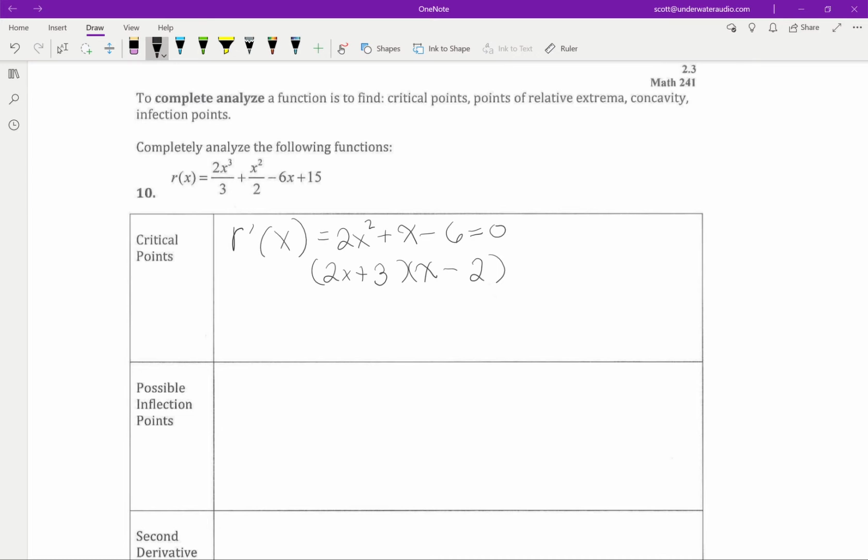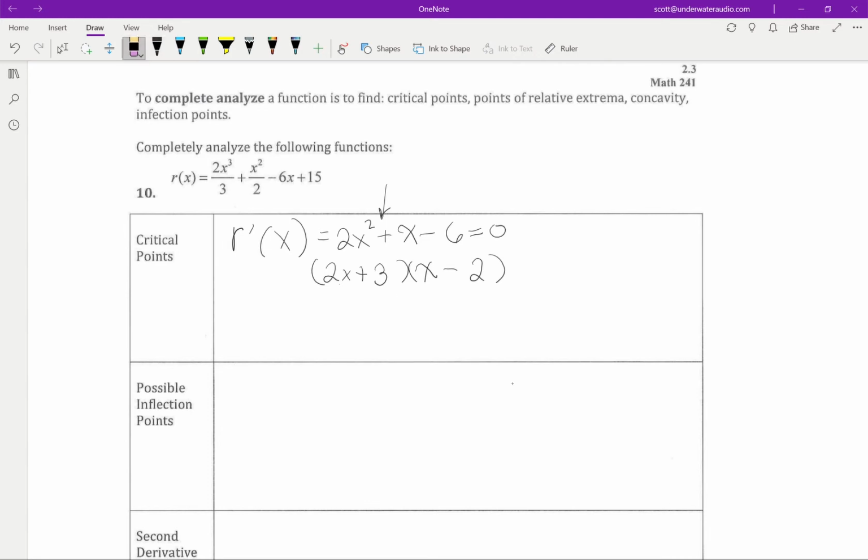I'll start by trying to multiply it out. So 2x times x is 2x squared. Then plus 3x minus 4x minus 6. Okay, 3x minus 4x gives me a negative x, and what I wanted was a positive. So I'm going to try opposite signs and see if that gets me the right thing.